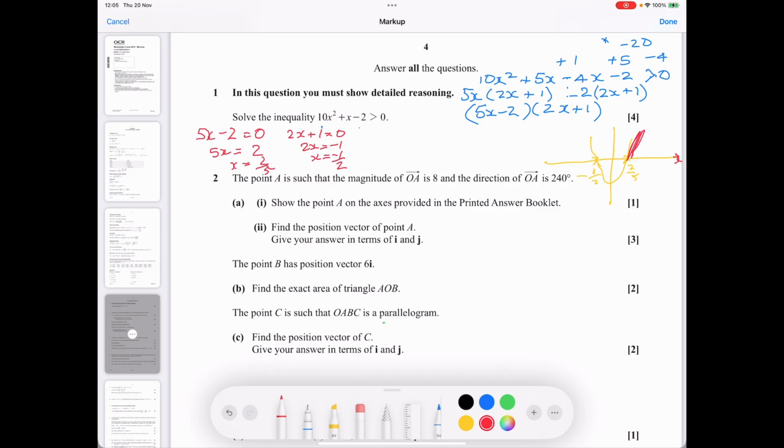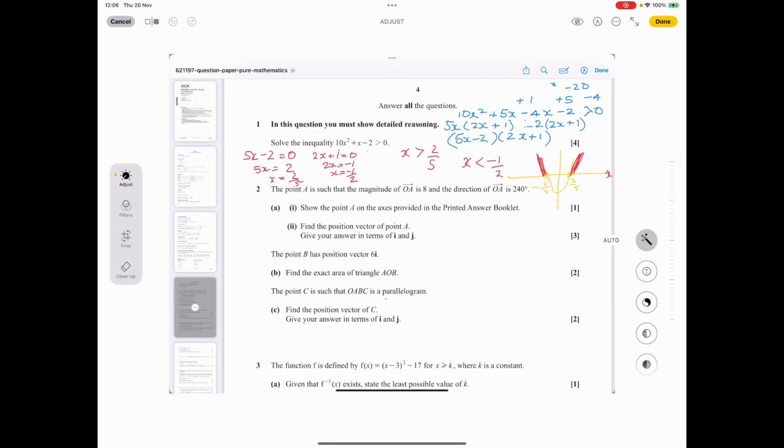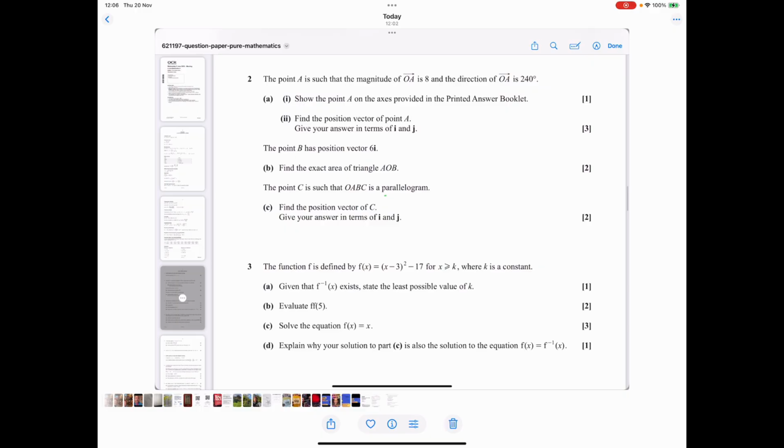It's going to be that bit there and that bit there. So x is going to be greater than 2 over 5, or less than minus half. And that's how you do that one. Okay, done. Go on to the next one.